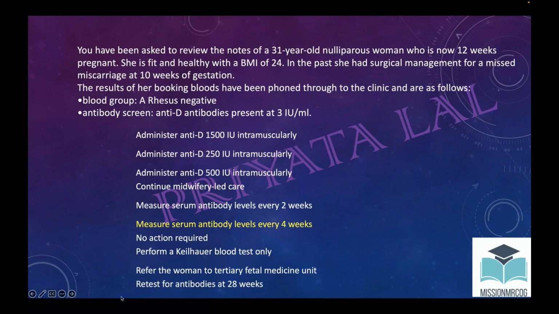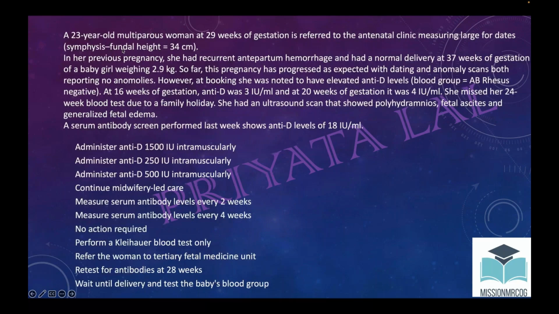So now the patient is 29 weeks, referred to the antenatal clinic for large for dates. In a previous pregnancy, she had antepartum hemorrhage, normal delivery at 37 weeks, a baby girl weighing 2.9. At booking, she was noted to have elevated anti-D levels. The 16-week level was 3, and at 20 weeks the level became 4.